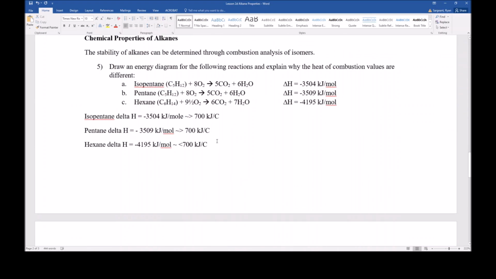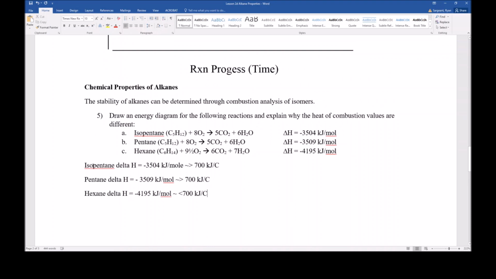There is unfortunately a confusing coincidence. This is generally the case that the more branched your alkane, the lower the heat of combustion tends to be when comparing constitutional isomers. So pentane and isopentane have exactly the same chemical formula.